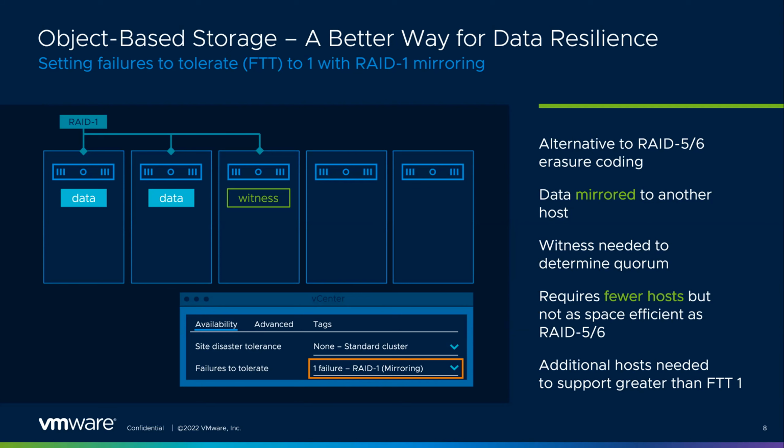So with an FTT1, that's saying that we can withstand one host failure. This is where our 3-node minimum for AVS comes in. To be able to do vSAN with at least an FTT of 1, we need 3 hosts. That's because you need 2 places to put the data and 1 place to put a witness. If you're familiar with any other clustering technology, it's always the power of 3, right?